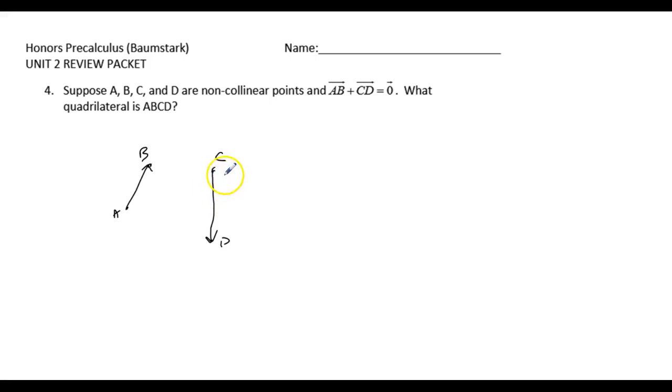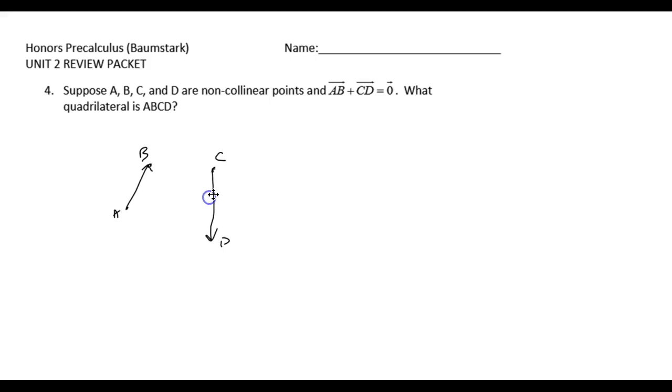Which means that if I add these two things, like if I somehow move that vector over here, I need to end up where I started. You can see in this particular one that I've drawn, that's not happening, because AB plus CD, if I put them head to tail, I need to end up where I started.